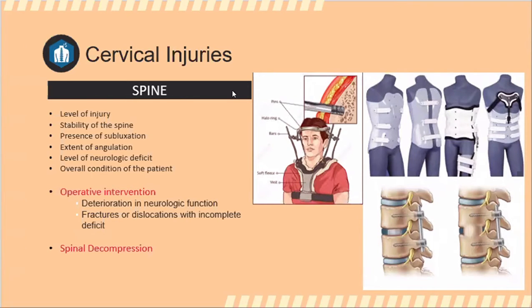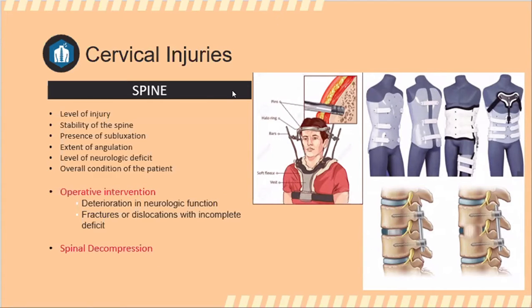So pag there's parang tumataas yung motor and sensory deficit, quadriplegia, until your upper extremities can no longer function, tapos nagpa-progress na to respiratory depression and frank neurogenic shock, then operative intervention is necessary.